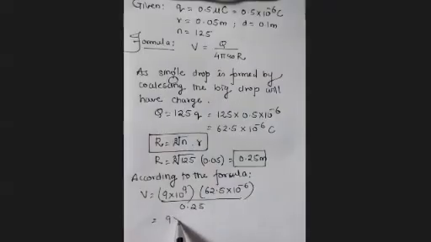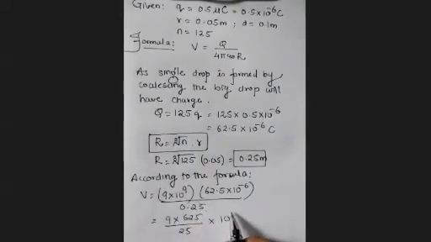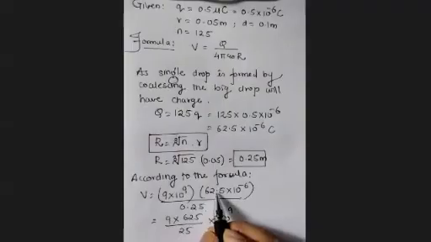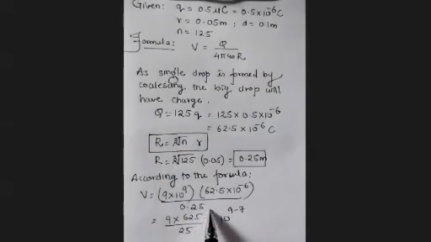This is 9 into 625 upon 25 into 10 raised to power 9. If we remove the decimal, this will become minus 7. Removing decimals gives minus 2, going up it will become plus 2. So 25 ones are 25, 25, 25.